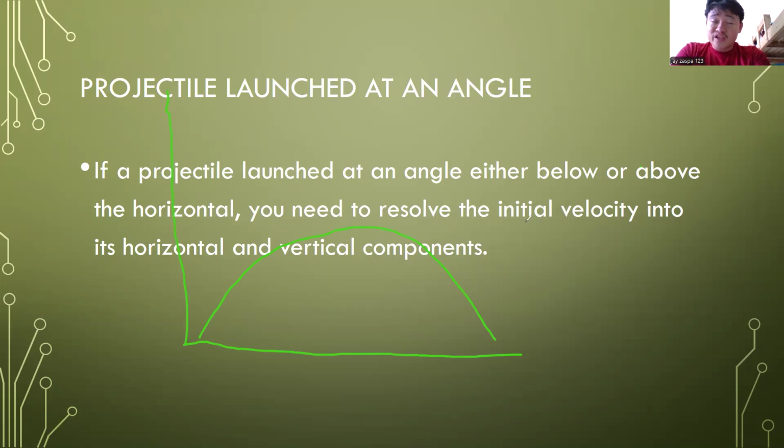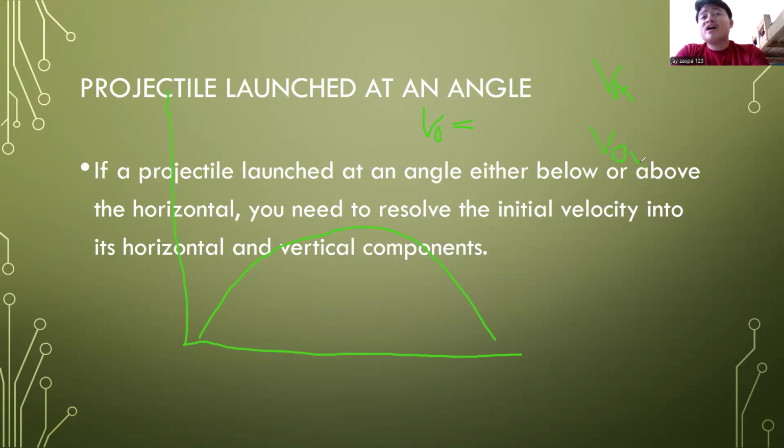You need to resolve the initial velocity into horizontal and vertical components. In this case, if you have V0, you need to find the initial horizontal velocity V0x and V0y.